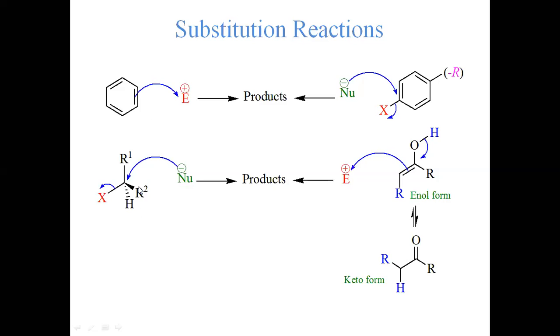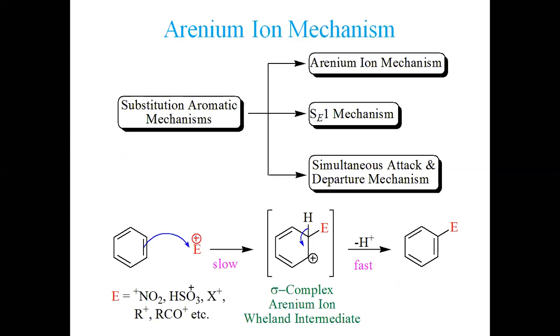This is aliphatic nucleophilic substitution. Both are different. They are not the same. So anyhow, our first focus is these types of entities, the mechanisms involving this type of substitution. Let's start with this.